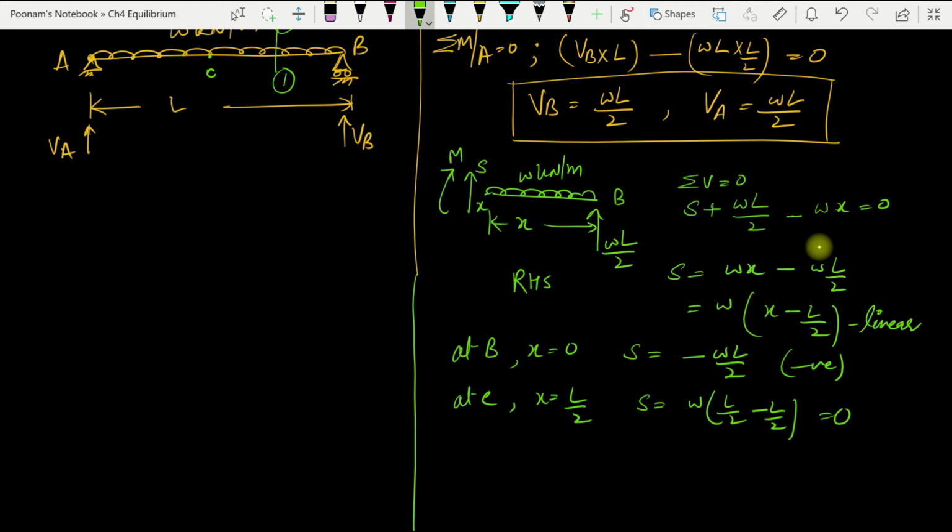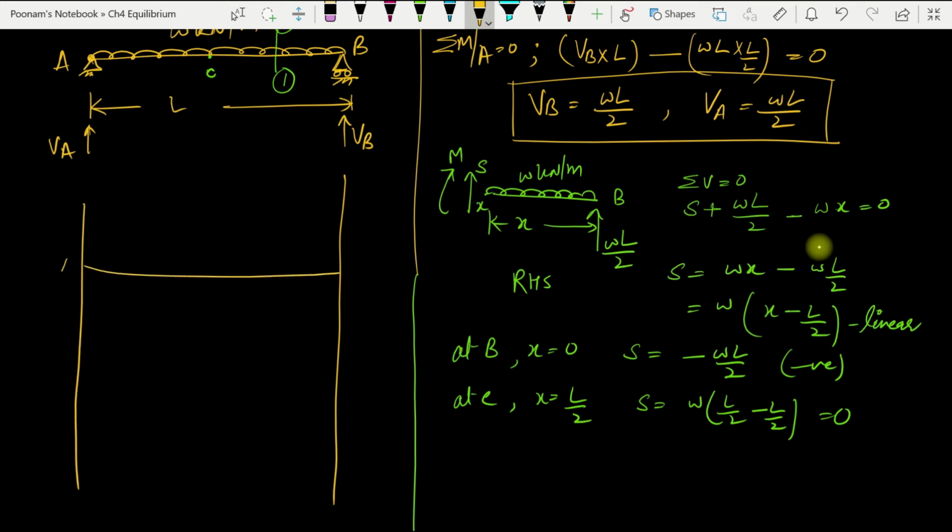So the variation is linear and negative. So let us plot the shear force diagram. Here, this is point A, this is point B, and this is point C, the midpoint. So it is linear and negative. And I can say this is WL by 2.